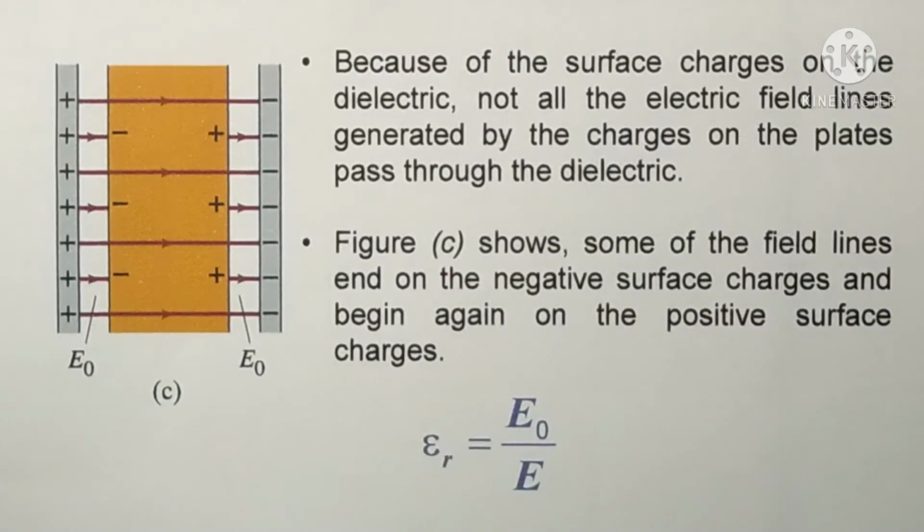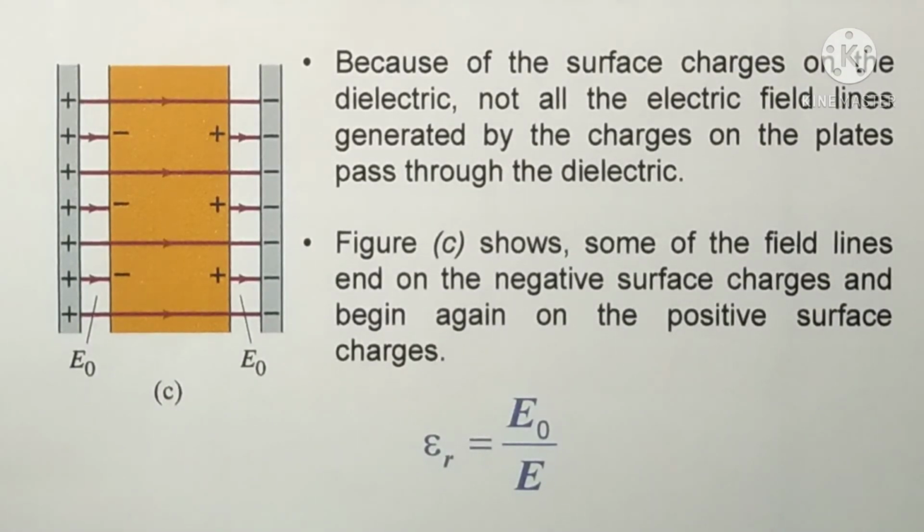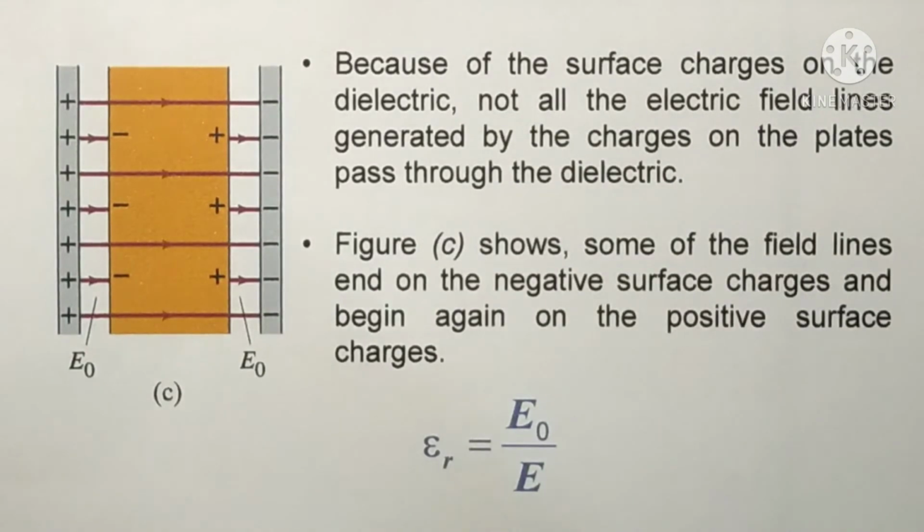Because of the surface charges on the dielectric, not all the electric field lines generated by the charges on the plates pass through the dielectric. Figure C shows some of the field lines end on the negative surface charges and begin again on the positive surface charges.